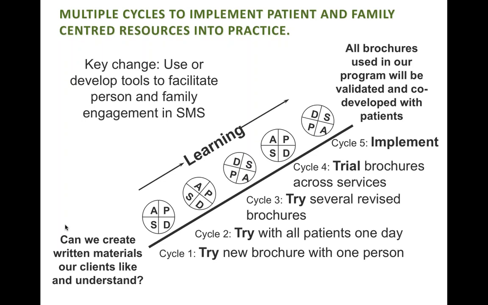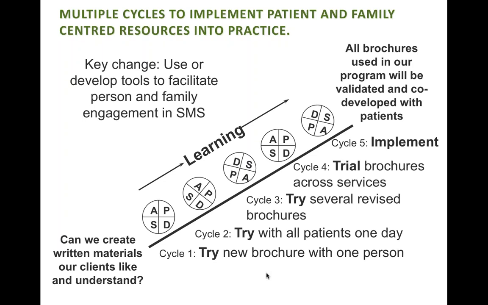Cycle 4, go ahead, Bruce. So I just wanted to interrupt you there, John, because I think there's a relevant question here from Trudy. Two questions actually. One is, how can we know if the new brochure is better than the previous? And I think Trudy sort of addresses why we are doing this in the first place.